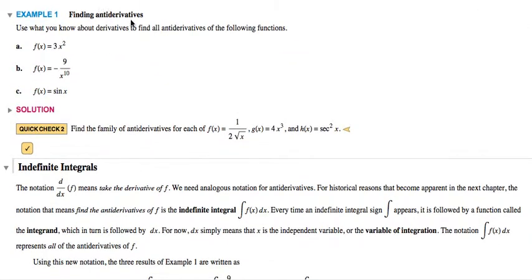We want to find the antiderivatives. So remember here we're thinking backwards, so this 3 has to actually go up here. So we have to increase the exponent by 1. And so by doing that, the 2 would become a 3. So the 3 that would come down by taking the derivative actually goes away.